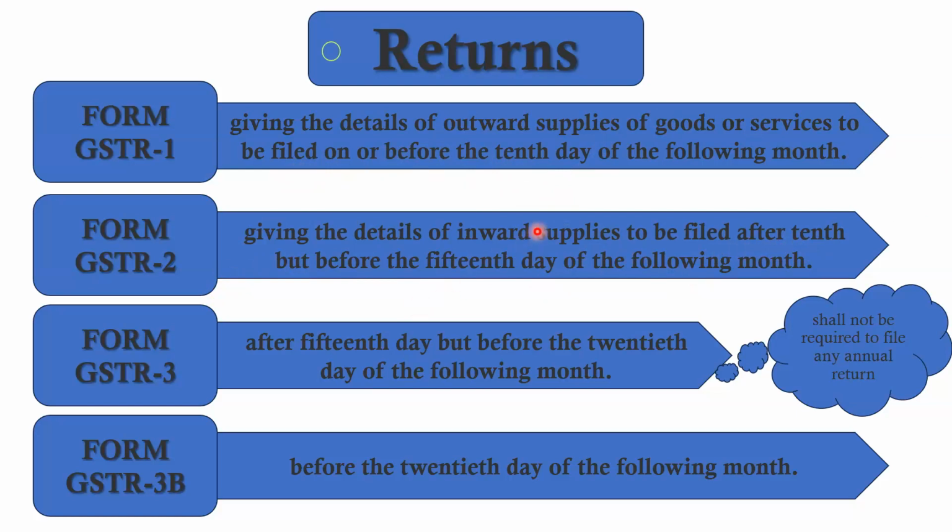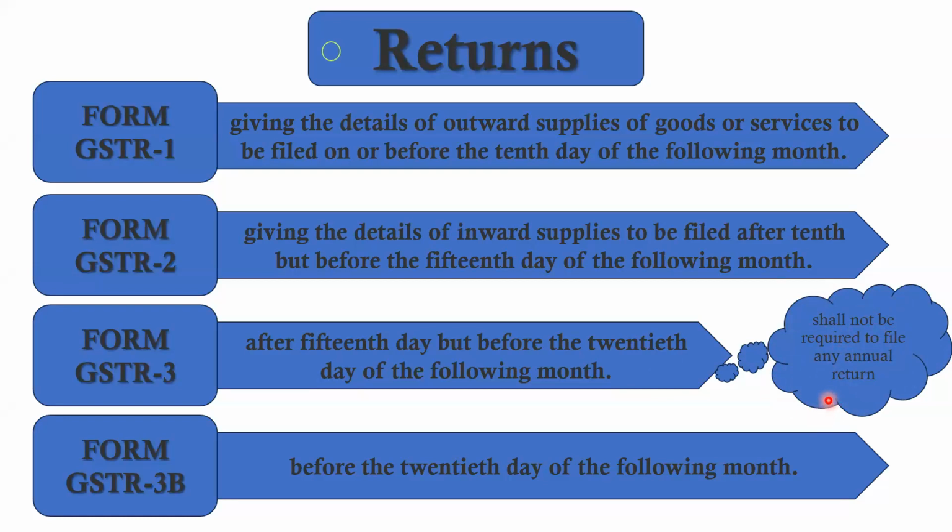Form 3 is to be filed after the 15th, but before the 20th day of the following month. Following means the next month. And one should take note that the CTP is not required to file the annual return.